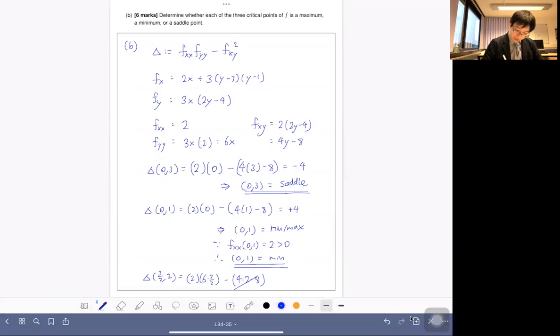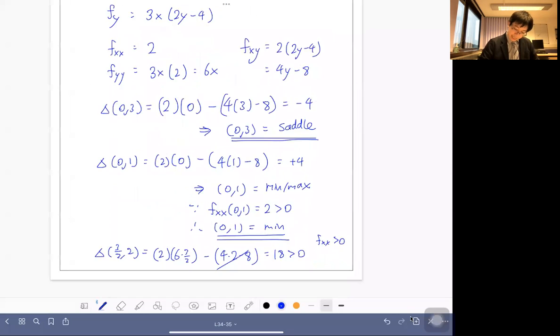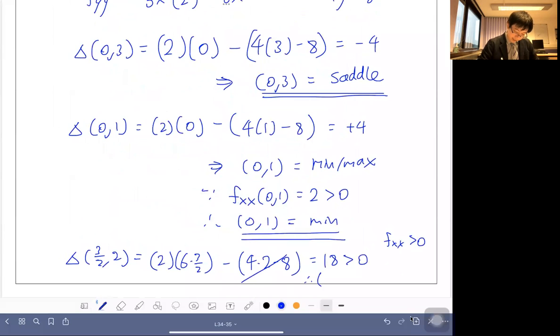And I get a positive value. I don't really even need to evaluate what that is, but it is 18. I just need to care that it's larger than 0. If it's larger than 0, it is either a max or a min, and we check that fxx is also larger than 0 because fxx is a constant. So this point is a minimum.